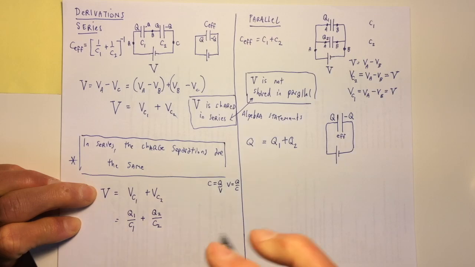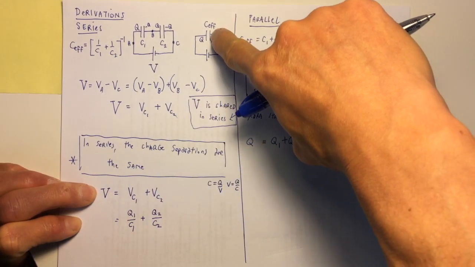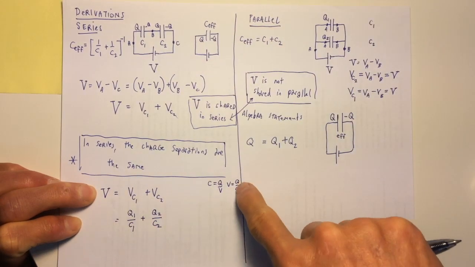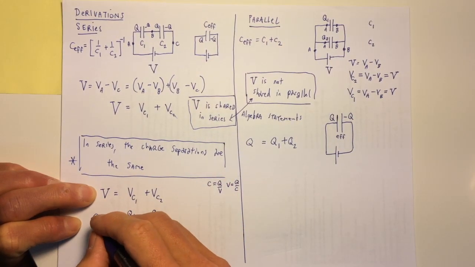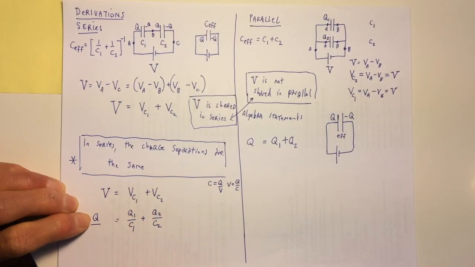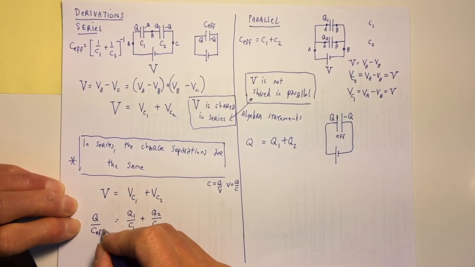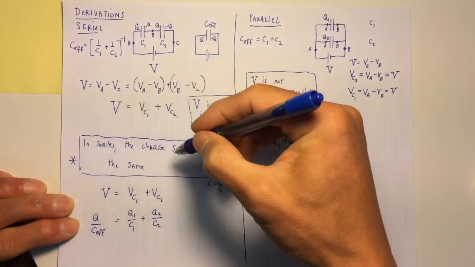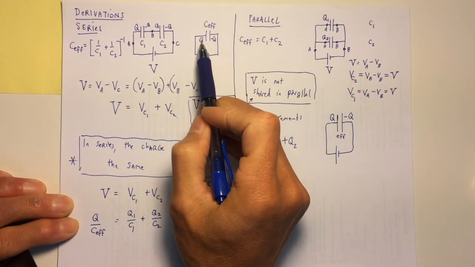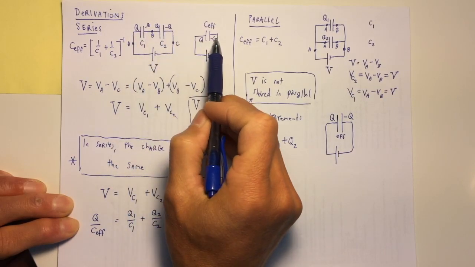But the battery voltage is being applied over the entire effective capacitance. So this is the charge separated over the effective capacitance, divided by the effective capacitance. In series, the charge separations are all the same. I've got Q, the same Q, the same Q, all the same.